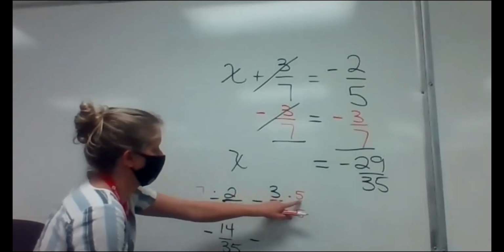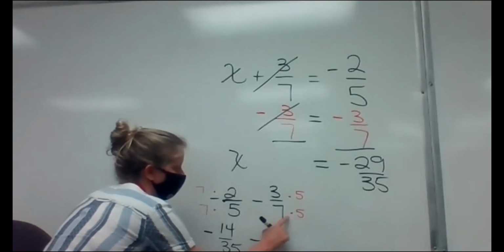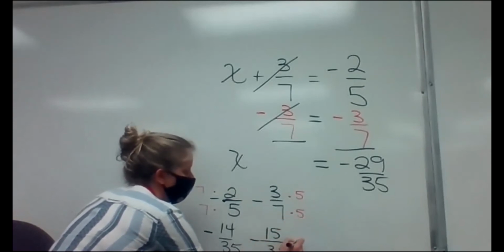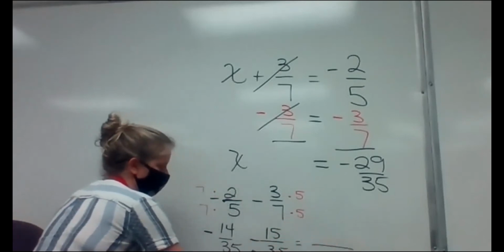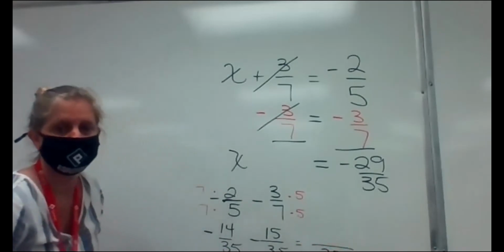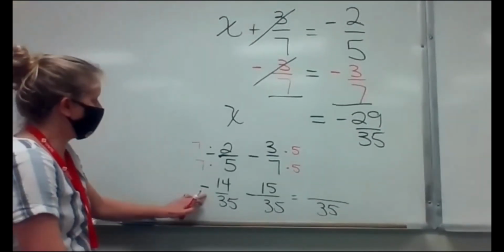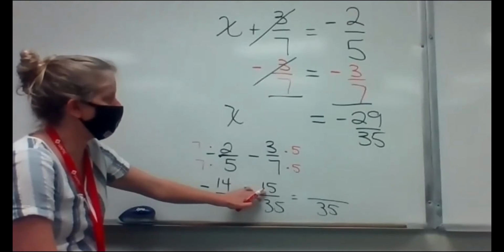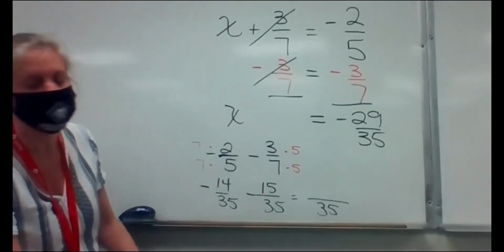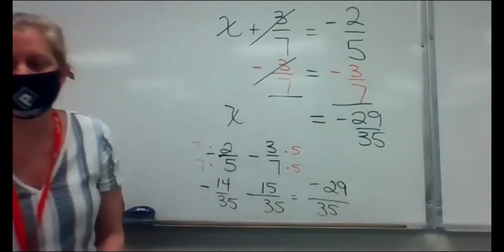So minus 3 times 5 gives me 15 over 35. Now I can do the work because they both have 35s, which means I bring that over. And negative 14 minus 15, if you do that in your calculator, what does it give you? Negative 29.